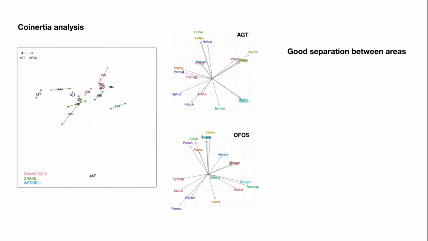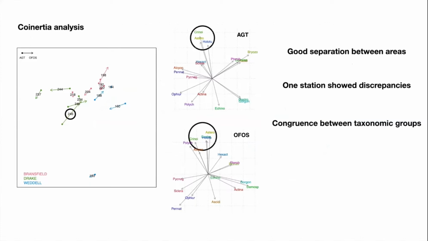Regarding the coinertia analysis, we also see a good separation between areas. There was only one station that showed some discrepancies. Also, there is congruence between taxonomic groups: as you can see, from AGT, Crinoidea, Asteroidea, and Ophiuroidea are in the same position as OPHOS in the graphic below.